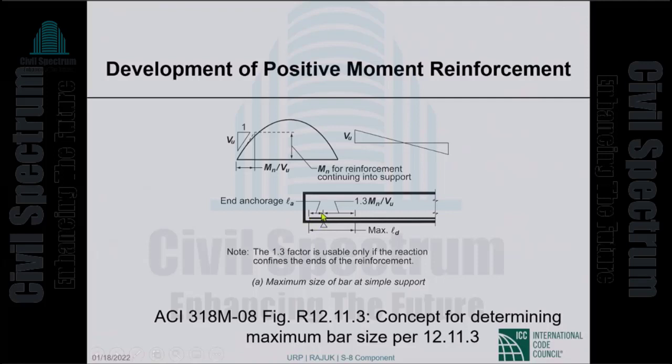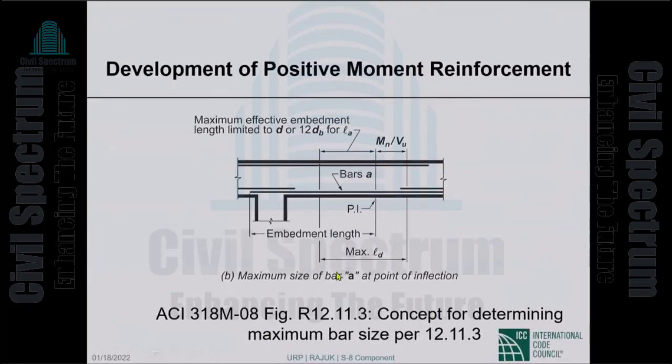This is the embedment length, L sub A, and this is M sub N over V sub U. We have multiplied by 1.3, assuming that this support provides compression. So maximum development length would be from here to there. So your bar size has to be such that the required development length does not exceed this maximum development length. Okay.